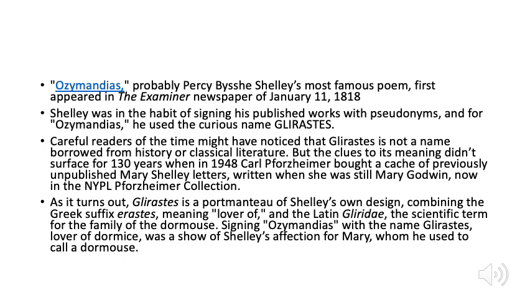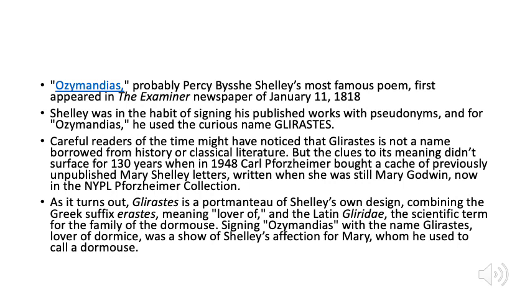Glirastes is probably a kind of portmanteau word designed most probably by Shelley himself. It combines the Greek suffix erastes, which means a lover of, and glirid, a Latin word which means a dormouse. It is said that dormouse was the name that he often affectionately used to refer to his wife, Mary Godwin.